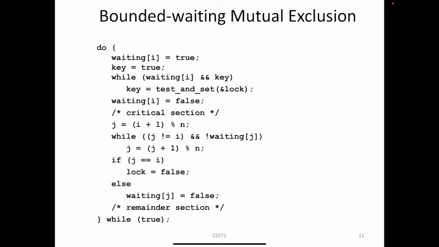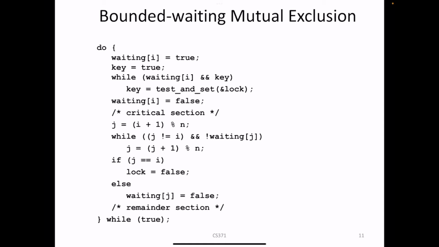Let's assume the worst situation happened. P0 is taken out of the CPU by an interruption. Then P1 is put on the CPU to execute. So waiting[1] and key are set to true, then it falls into the while loop. The test-and-set function is called.